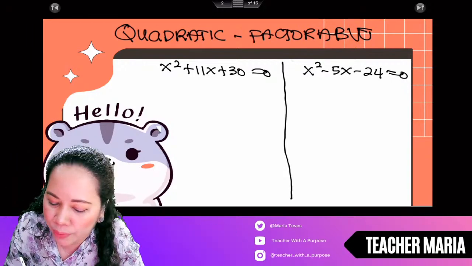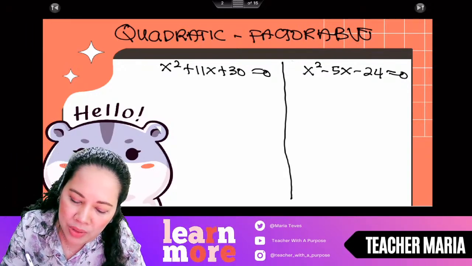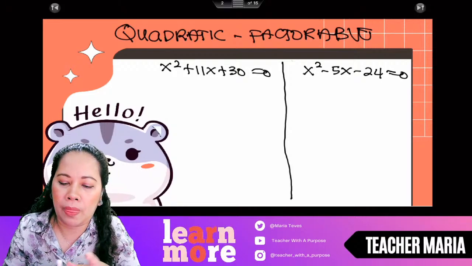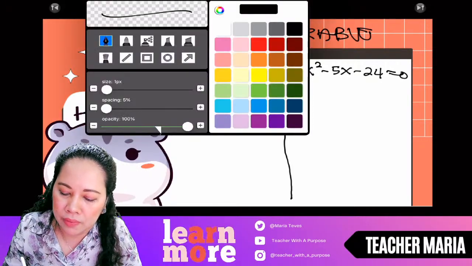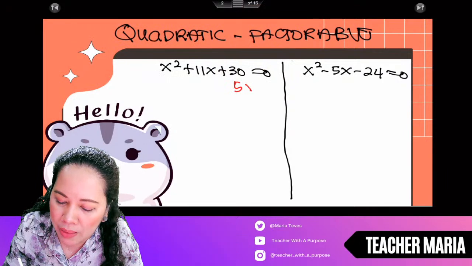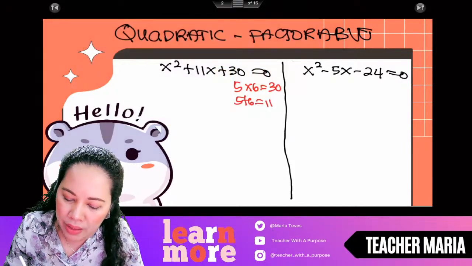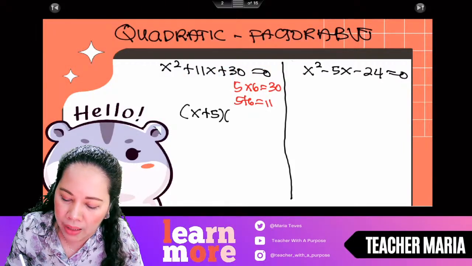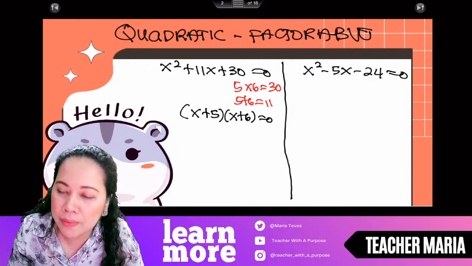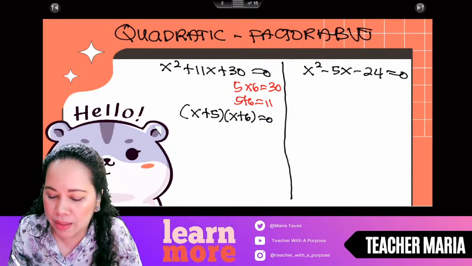So 5 times 6 is 30. 5 plus 6 is 11. So you will have x plus 5, x plus 6. Yes, that's right.